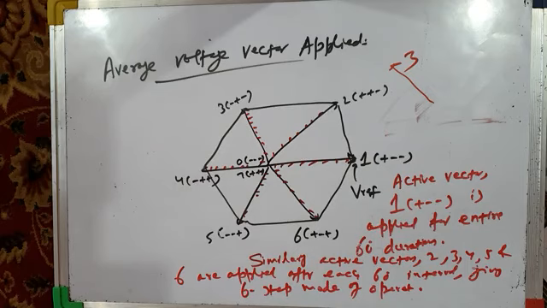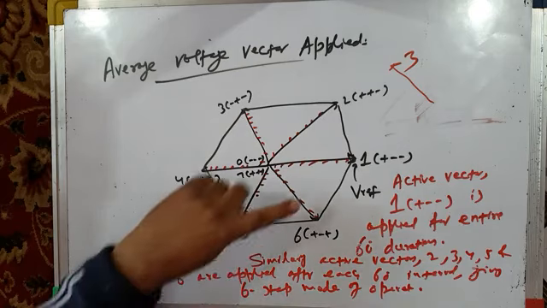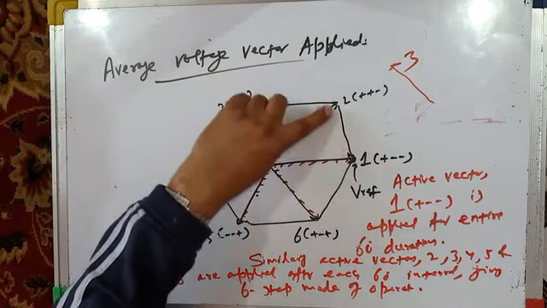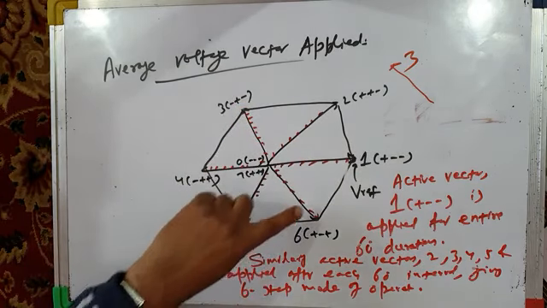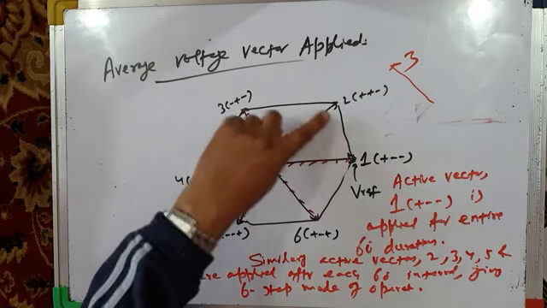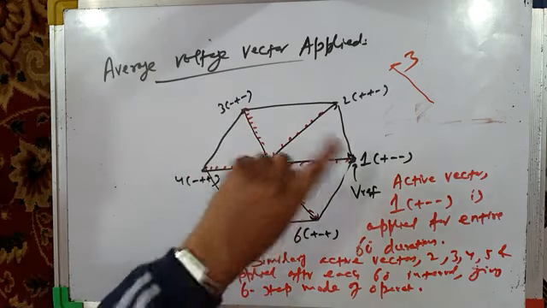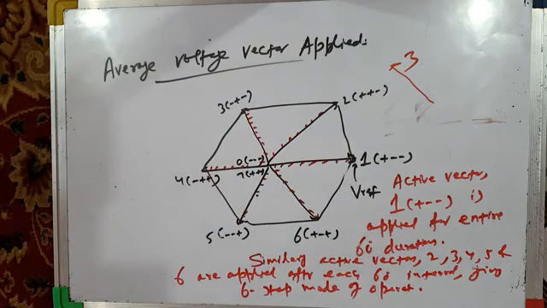Then we studied for M equal to 2, and then for M equal to 3. From M equal to 2 onwards, the rotating reference vector traces a hexagonal path, for M equal to 2 as well as for M equal to 3.